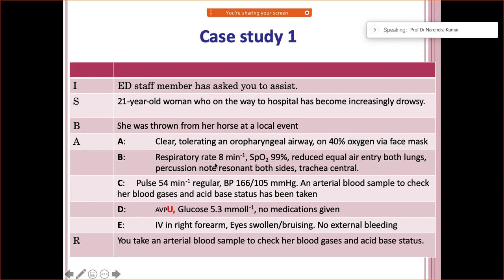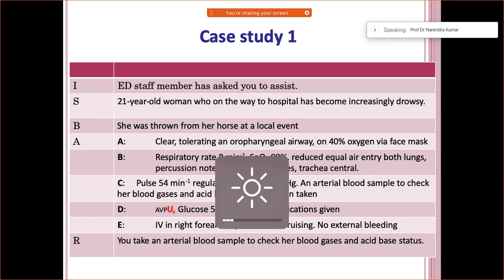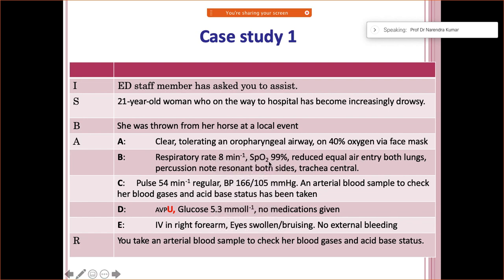Then respiratory rate is 8 breaths per minute. SpO2 is almost 99%. Good air entry on both sides. Pulse is 54 beats per minute. Blood pressure is pretty good, but slightly on the higher side.